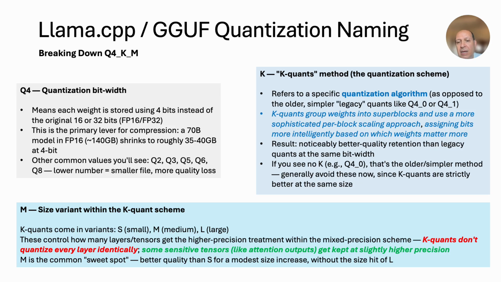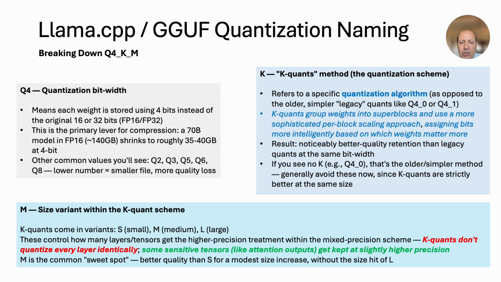For each block, it assigns a scaling approach, because each block is different, and some weights are more important than others. So it assigns the bits more intelligently based on the importance of the weights, or the real numbers, and how they affect the output. The result is that we can noticeably achieve better quality retention than legacy quantization, which uses the same bit width across the board.